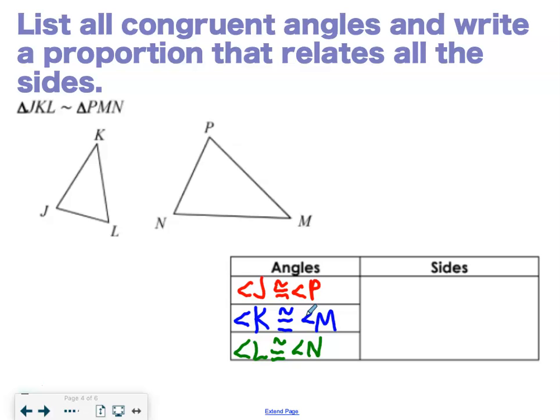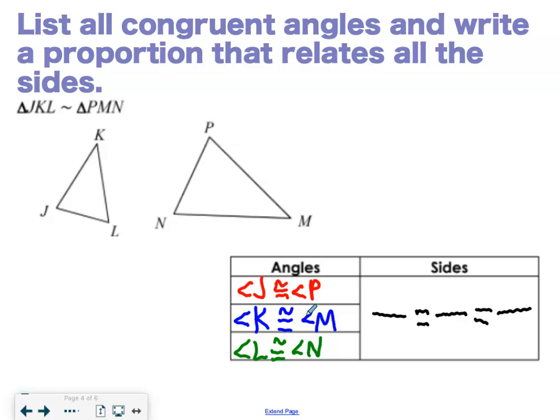This next thing's going to look goofy. Put a fraction bar with an equal sign, and one more fraction bar. It looks really goofy, and we'll just fill it out together. So now we have to match our sides.